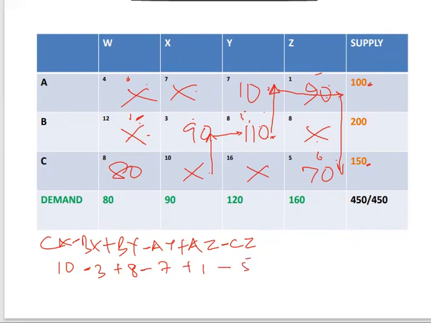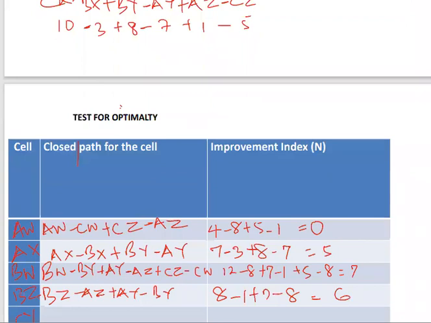Do you argue with that? 10 minus 3, 7. 7 plus 8, 15. 15 minus 7, that's 8. 8 plus 1, that's 9. 9 minus 5, that's 4. That is positive 4. So that means that part will also not do anything for us.